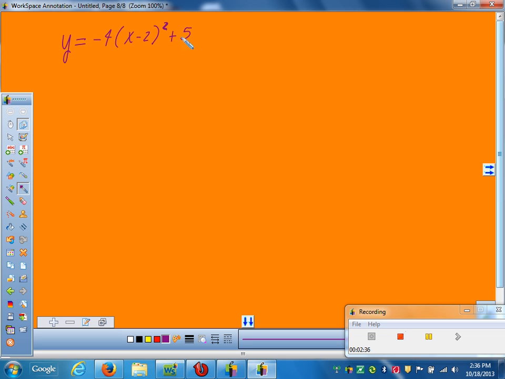That was nice. I know right now you can tell me where the vertex is on that one, because it's going to go right to a 5. I want to turn this into standard form and then see if you can figure out how to find the vertex from it. So how would I turn that into standard form?